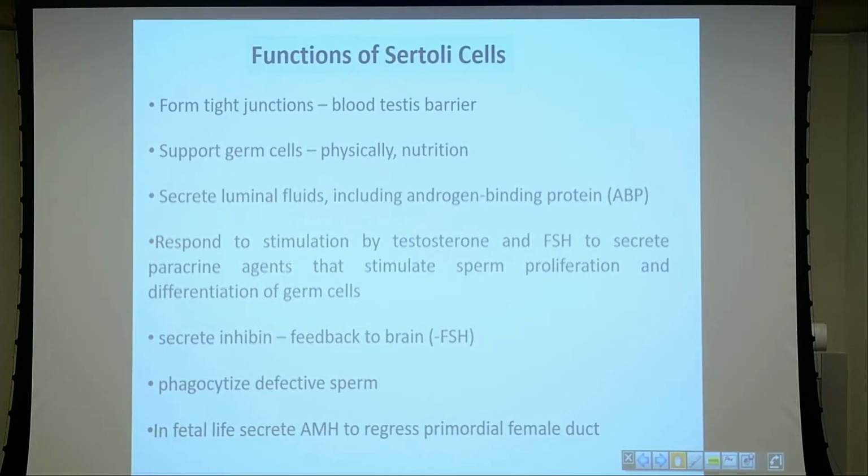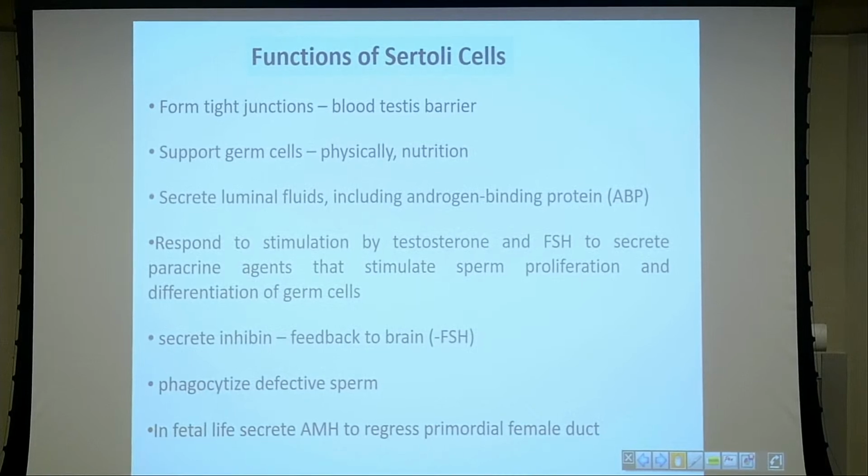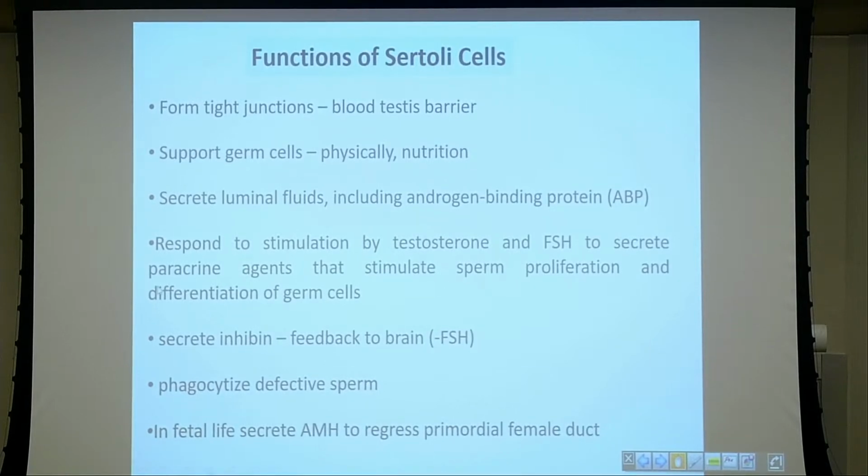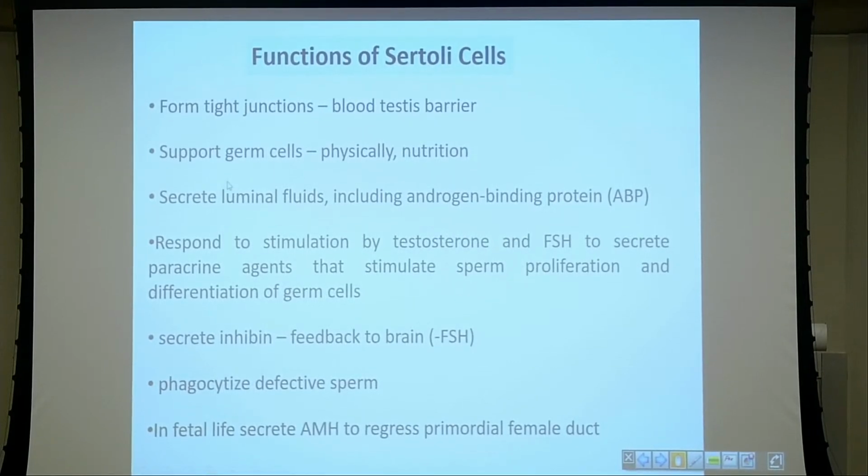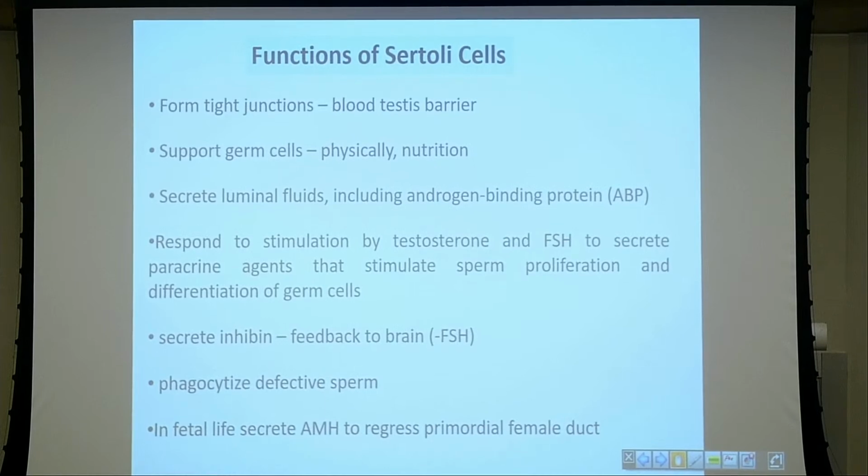The other important supporting cells in the testis are the Sertoli cells, which form tight junctions to create a blood-testis barrier, and also support the developing germ cells, the sperm, by providing nutrition and physical protection.